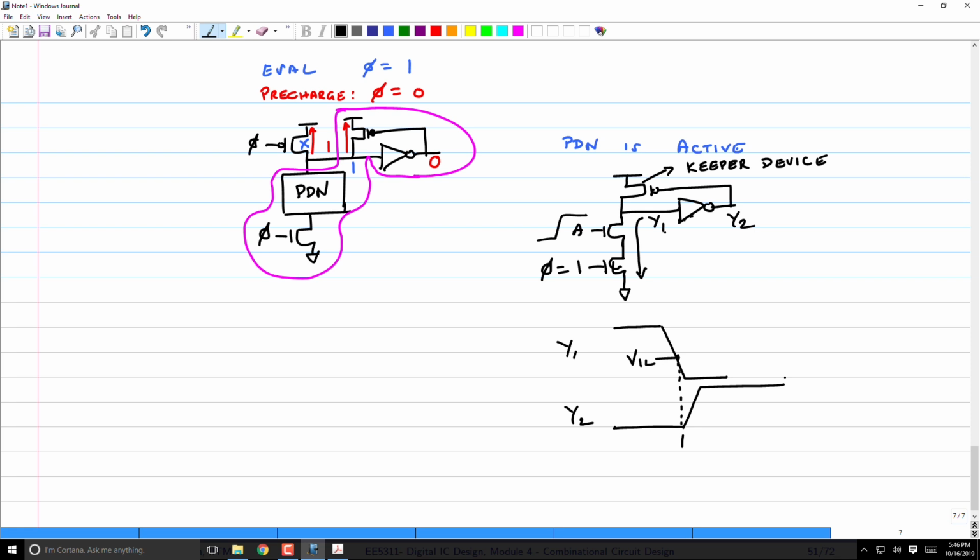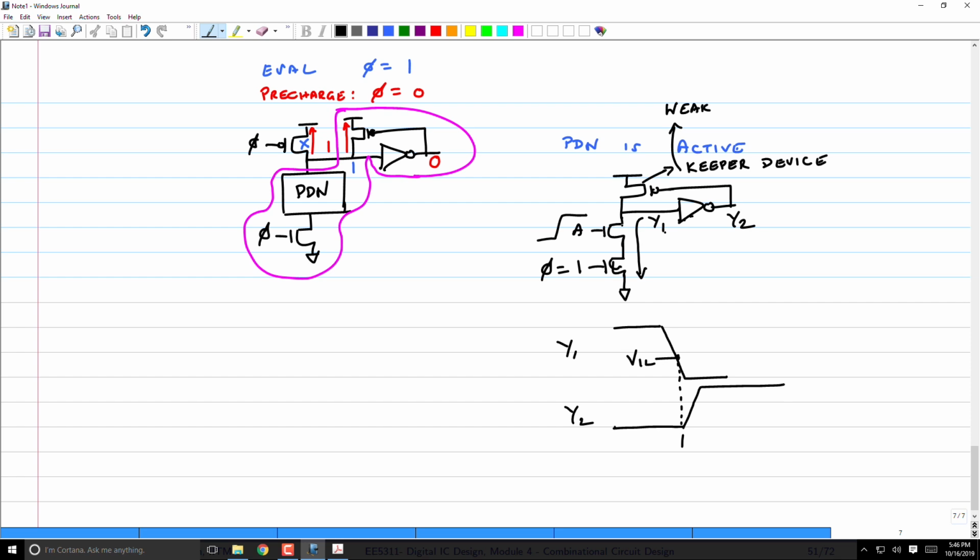This is very, very similar to what we did in CVSL logic. We put a cross-coupled thing and that output basically turned off that keeper. The keeper was just competing with the pull-down network. Similarly here, this weak keeper will get turned off because the pull-down network is strong enough to overcome the keeper device, and therefore this is not just a keeper, it has to be a weak keeper.